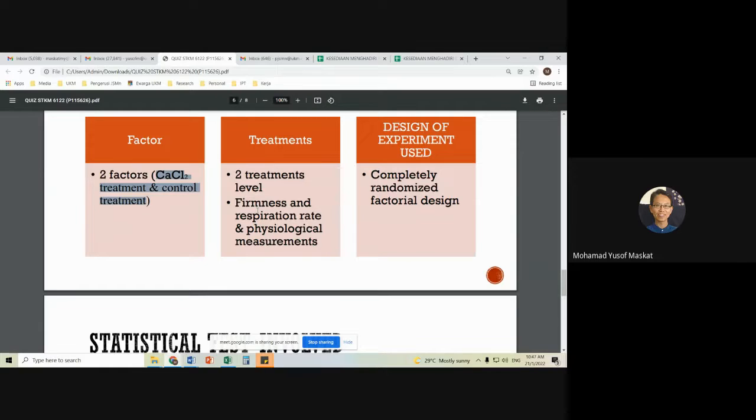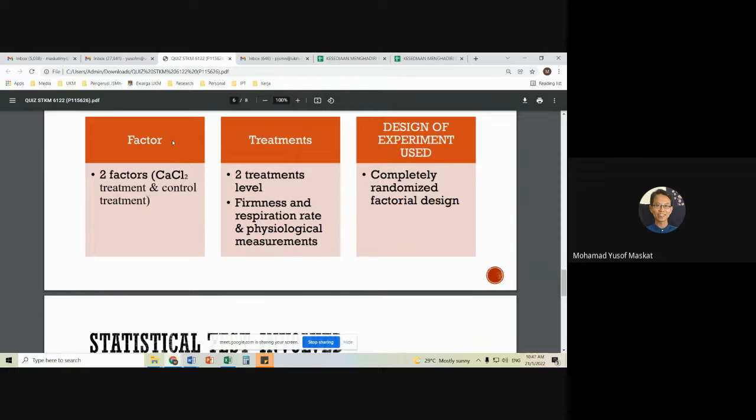So meaning that over here, you have two treatments. One is control, meaning without treatment. The second is calcium chloride, meaning that you are applying calcium chloride. So this is actually a one factor experiment.